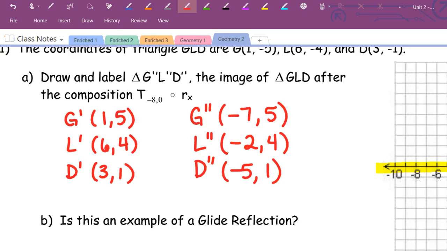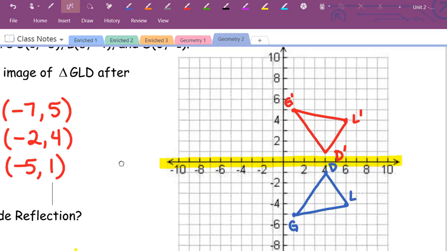So when I graph that out, I just slid all those points 8 over. So it kind of looks -7, +5. That would be G double prime.